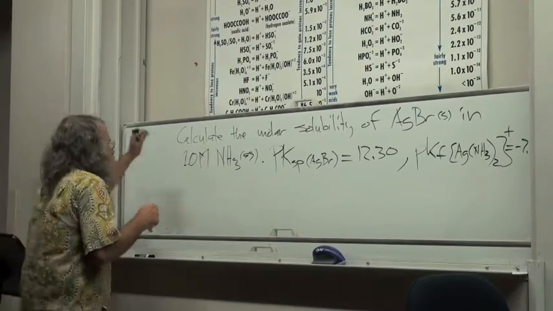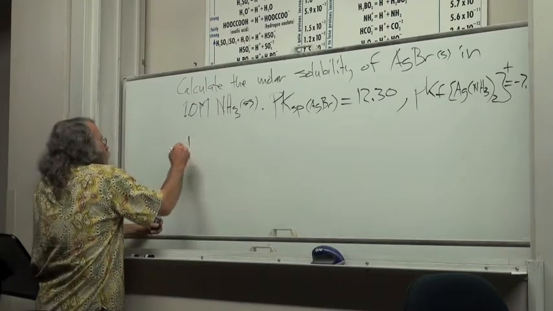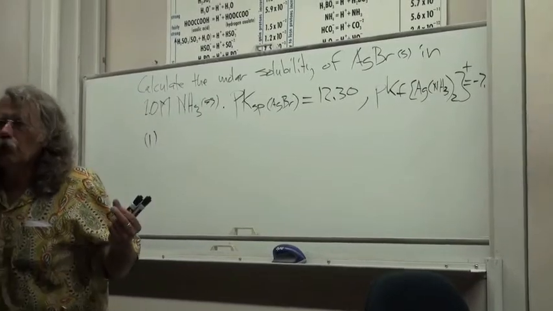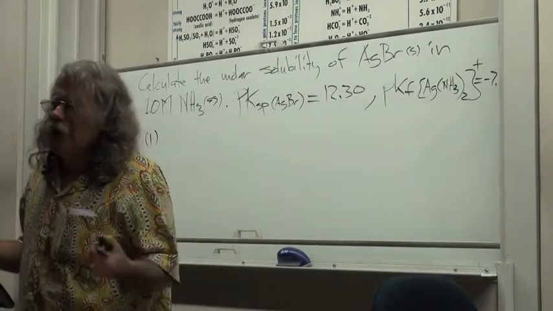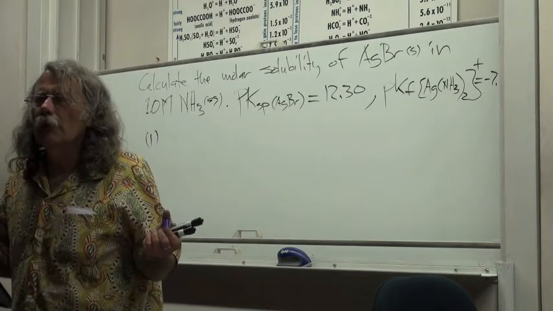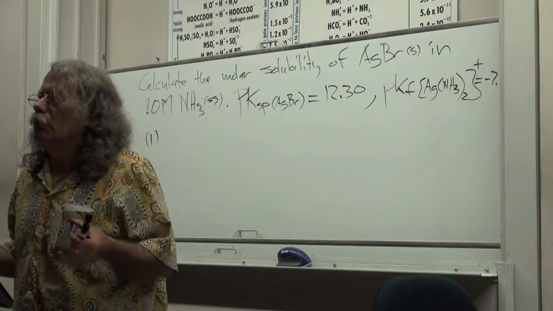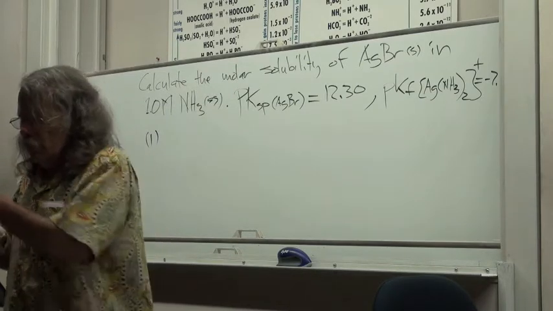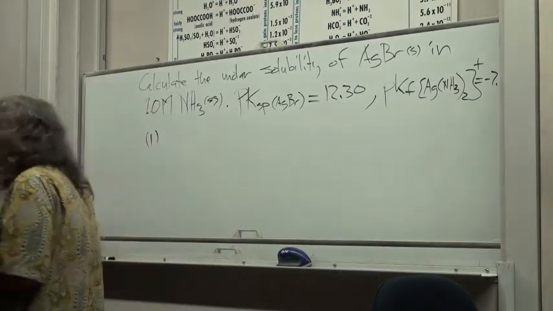The first thing in solving the problem is to recognize these are coupled equilibria. How do you couple two equilibria? The products of one are the reactants of another; then they are thermodynamically coupled.